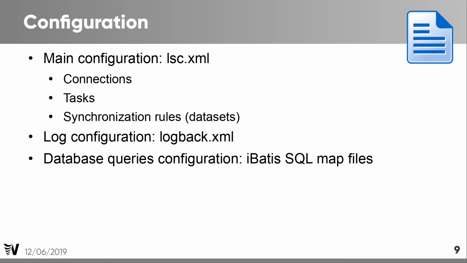It means you can have simple rules which say I take the value from source and copy it directly to destination, or you can do some transformation, like set the value in uppercase or concatenate the value with another value, etc. You have the standard log configuration with logback, and for databases we use iBatis, which is a Java software, which also uses some XML files to configure it.